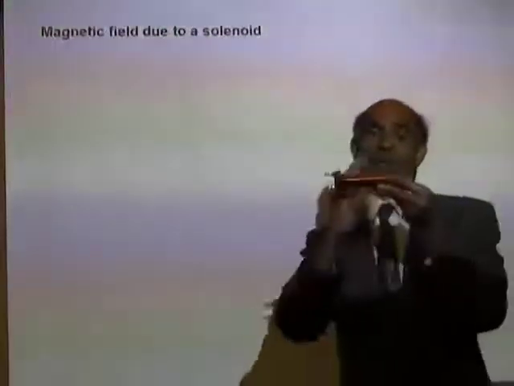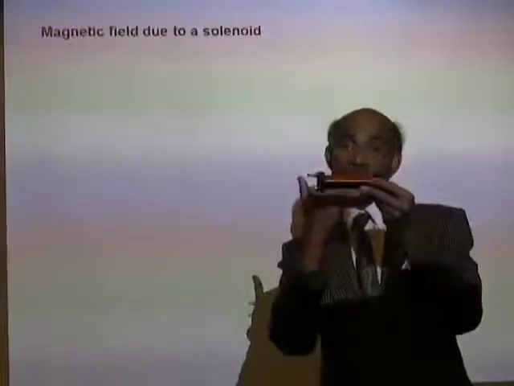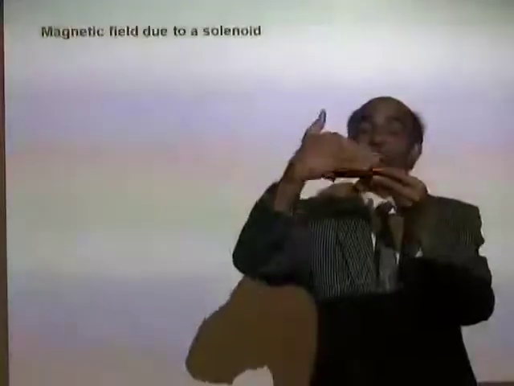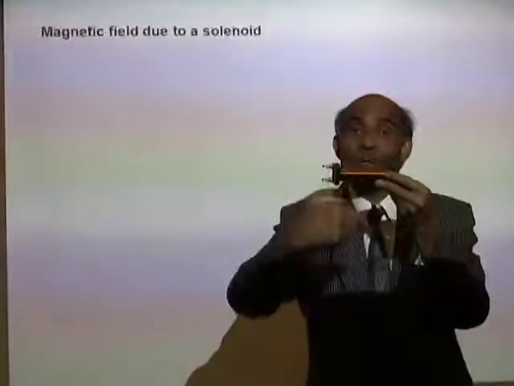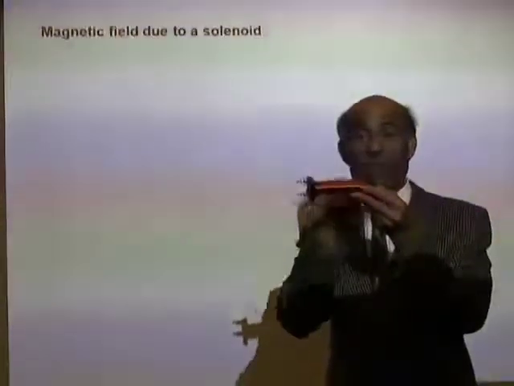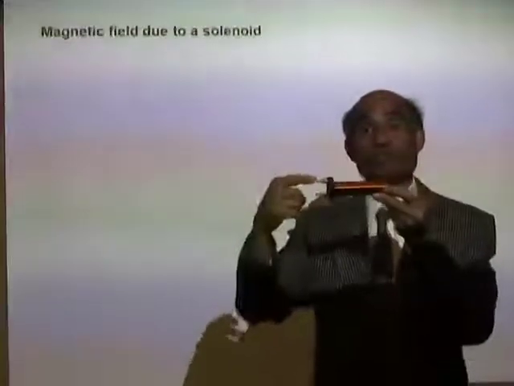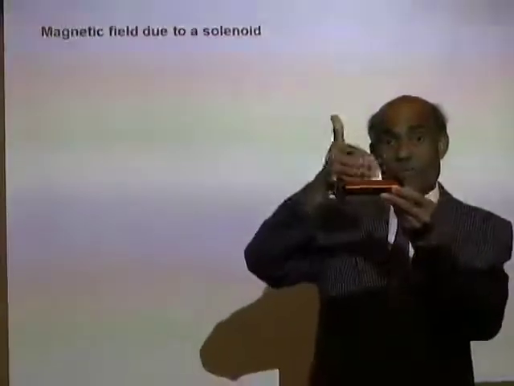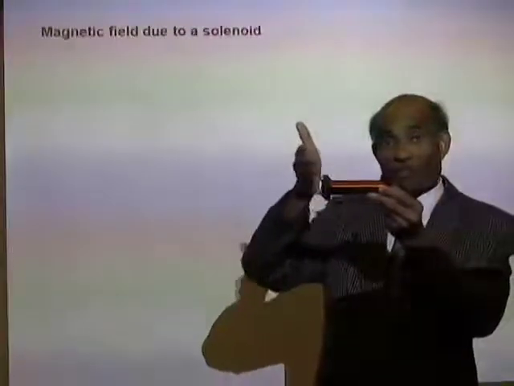Now if you look at this, on the side that faces me, if the current goes up, on the side that faces you, the current will go down. So if you use the right hand rule, let's work out the direction of the magnetic field when a current flows in this. If on my side the current goes up, I will wrap my fingers. See this?